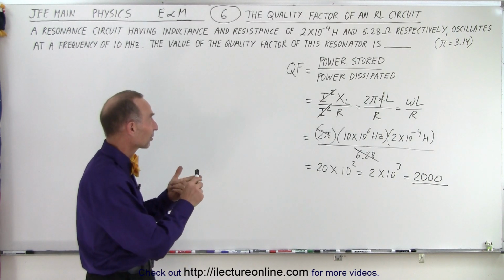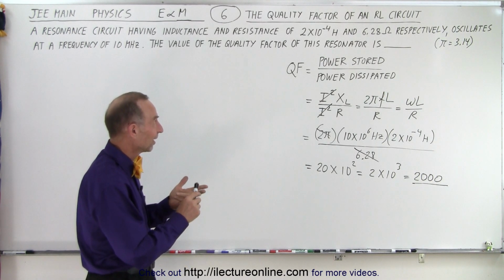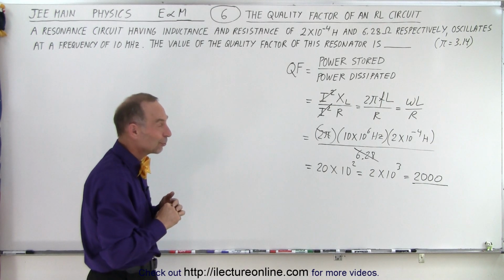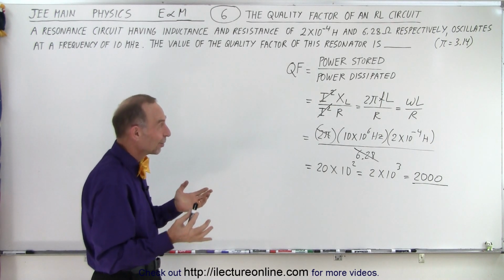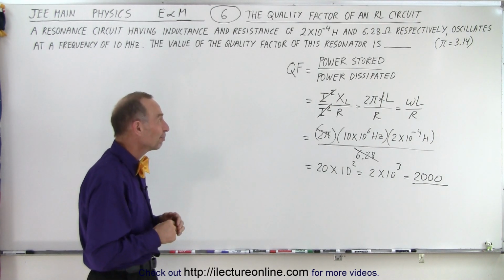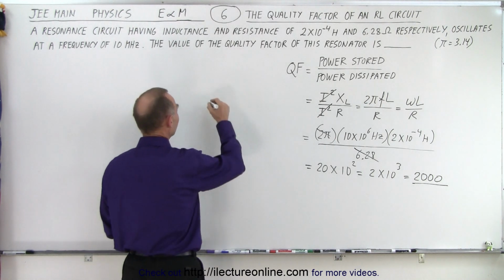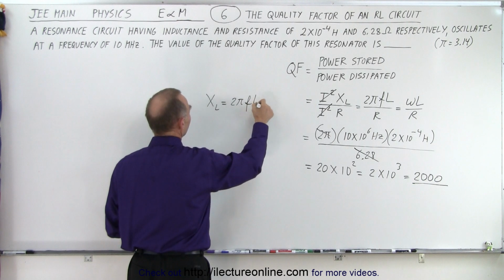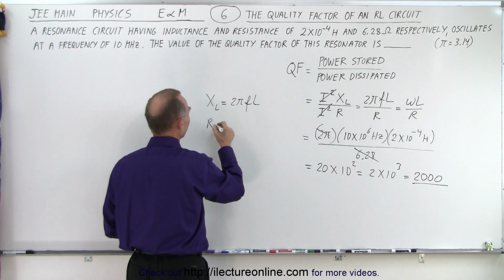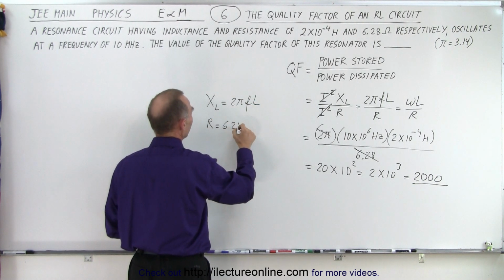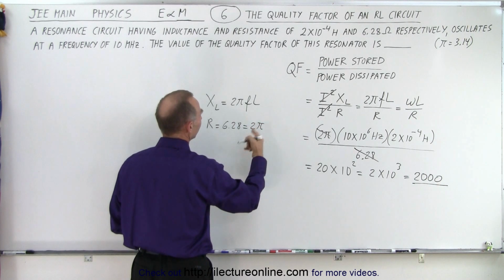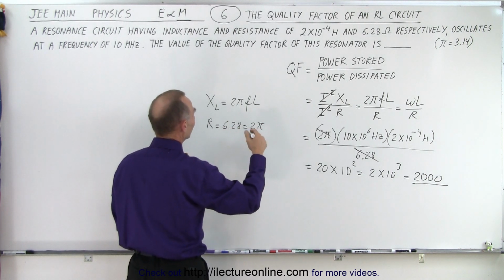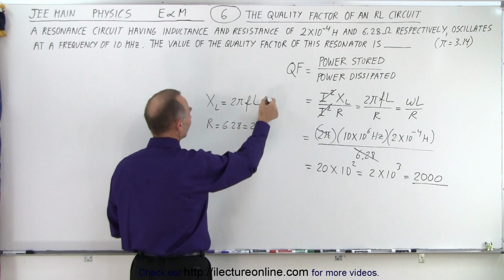They do give you the inductance, they do give you the resistance, and the resistance happens to be exactly 2 pi. So you can maybe play around with the concept of X_L being equal to 2 pi f L, and then the resistance R, which in this case is 6.28, equal to 2 pi. And so, yes, the 2 pi's cancel out.